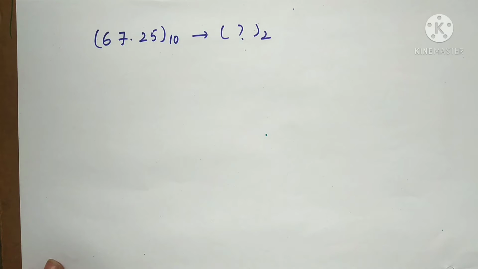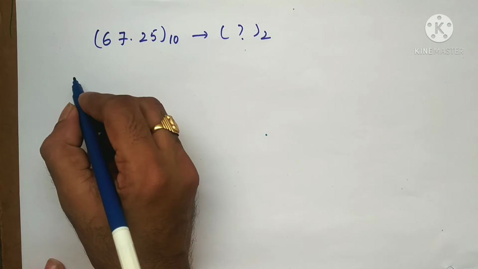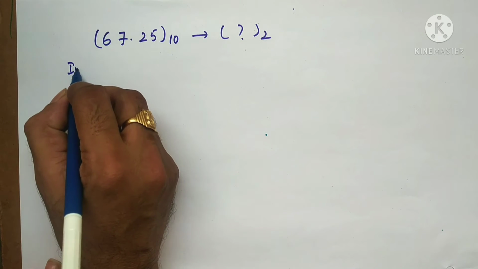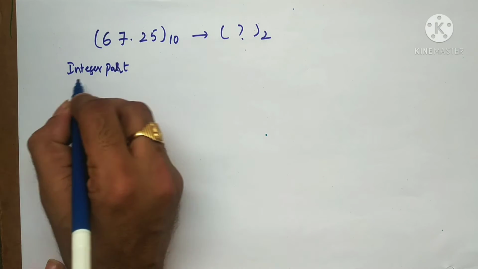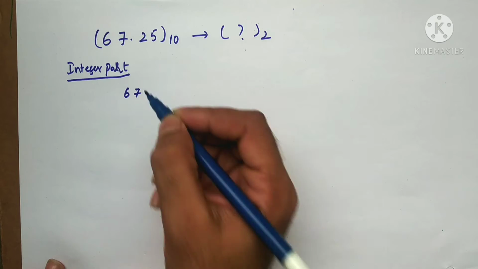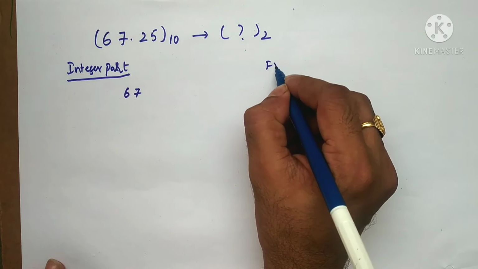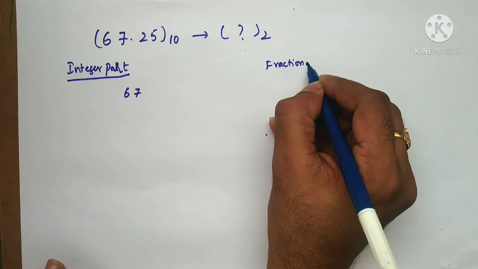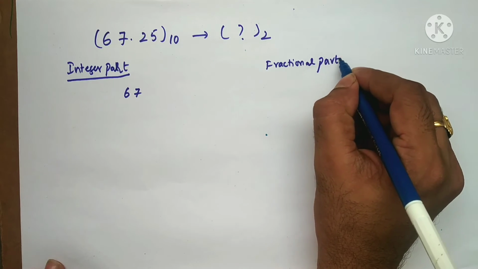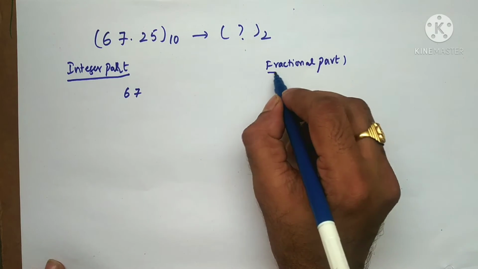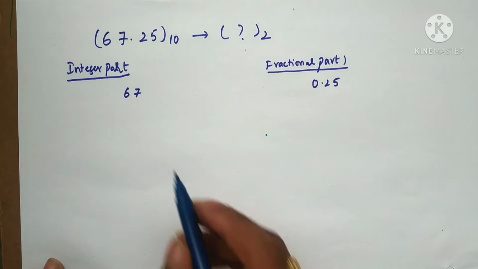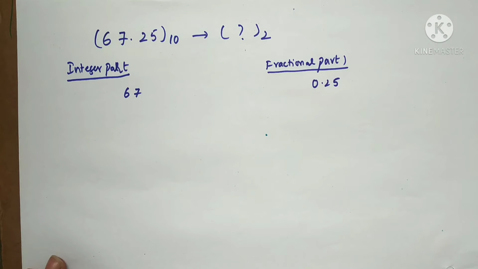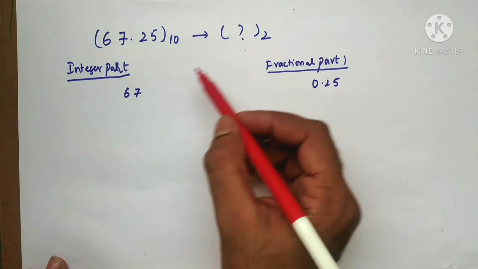So what we have to do here: the integer part is 67 and the fractional part is 0.25. We have to convert this decimal number into binary.